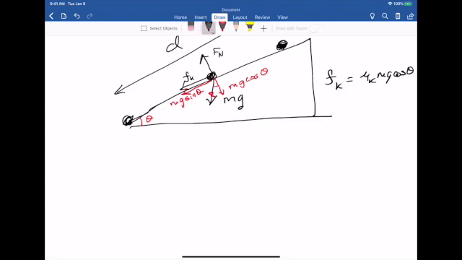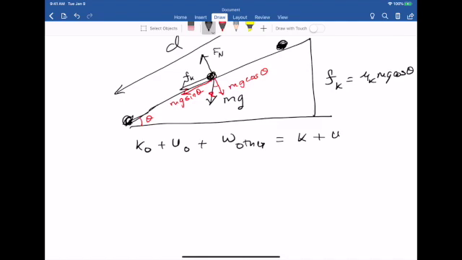All right, so let's start applying the equation of conservation of energy. K initial plus U initial plus W other equals K final plus U final. Let's consider the bottom point to be the initial point and the top point to be the final point.